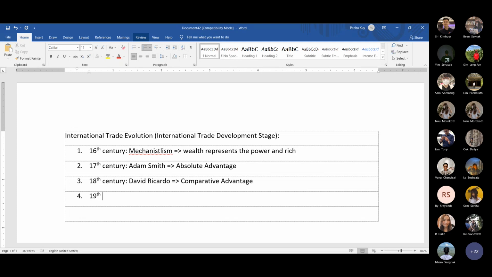We will follow this evolution of study from one chapter to another. That should be Heckscher and Ohlin. I could not remember his full name, okay. But this one introduced resource abundance.